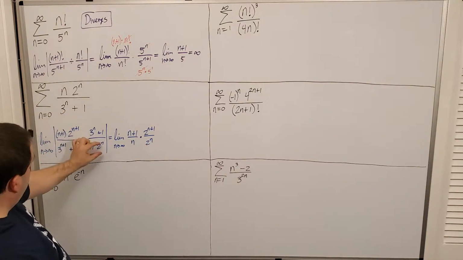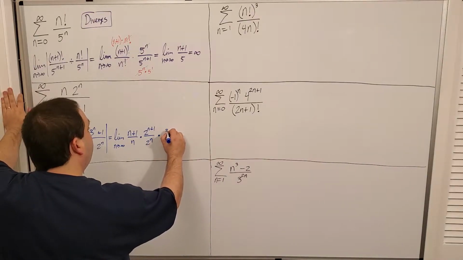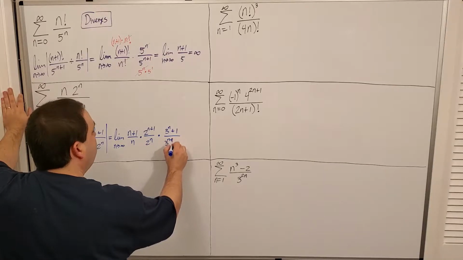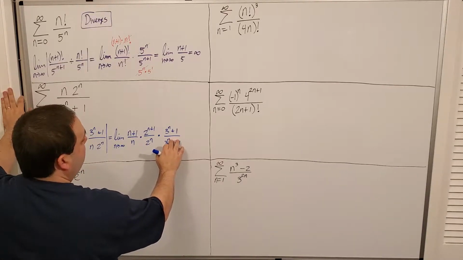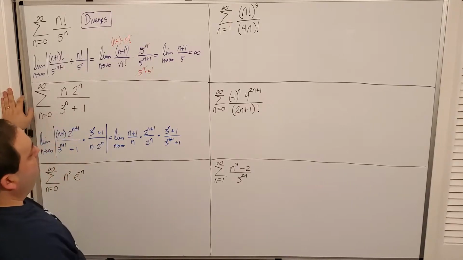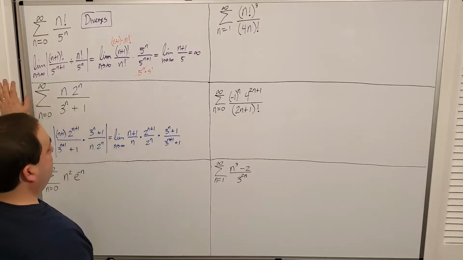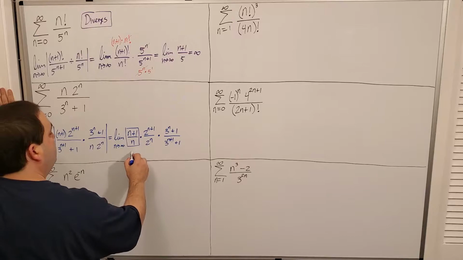That's these two pieces. And then I'll also have times 3 to the n plus 1 over 3 to the n plus 1 plus 1. Let me write that a little bit better. Okay? So this limit right here, we know that goes to 1.